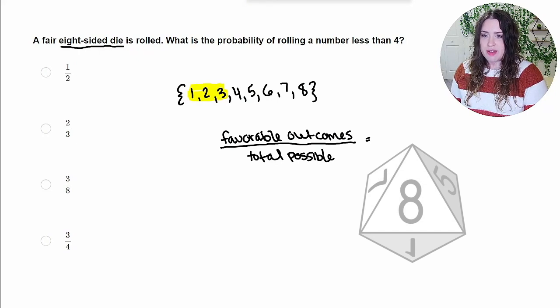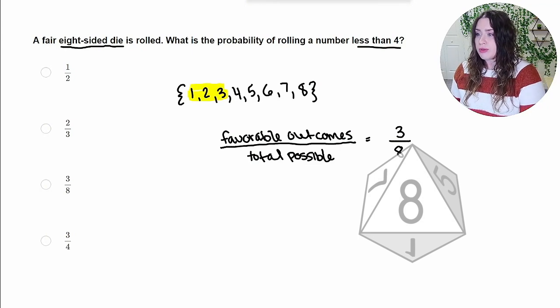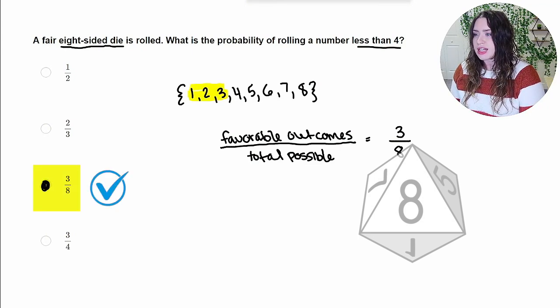So in this case, our favorable outcomes are the 1, 2, or 3, which would be that less than 4 roll. So there are 3 ways to do that out of a total possible of 8 different rolls because it's an 8-sided die. So our probability is 3 out of 8 or 3/8, which would be our correct answer right here.